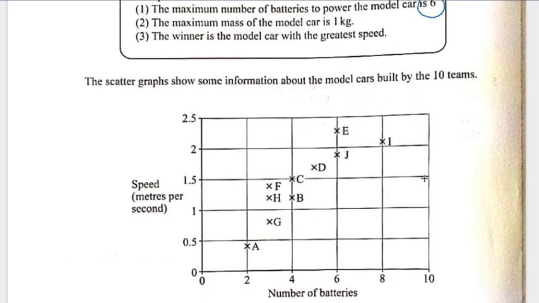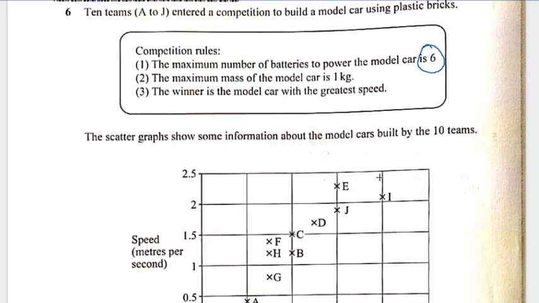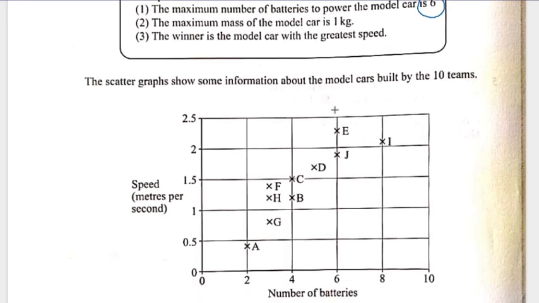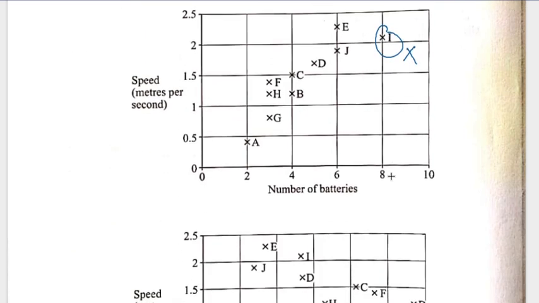As you can see here, this is I, right? They use 8 batteries, so this one will be disqualified because it is against the rule. So this one we mark wrong. It has to be disqualified.